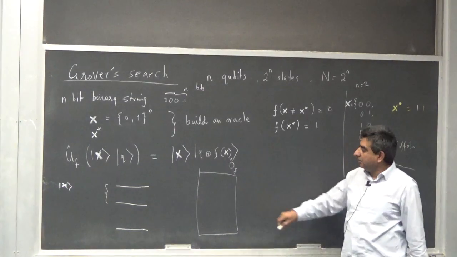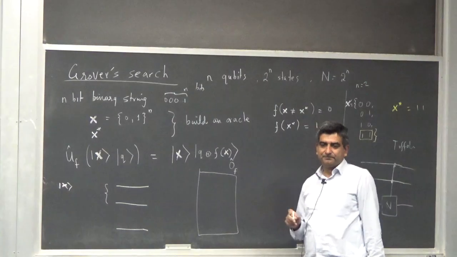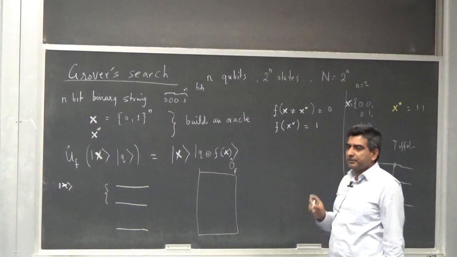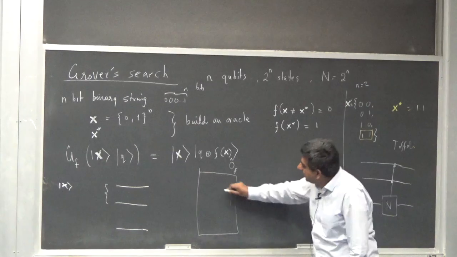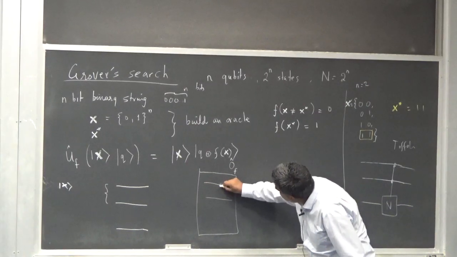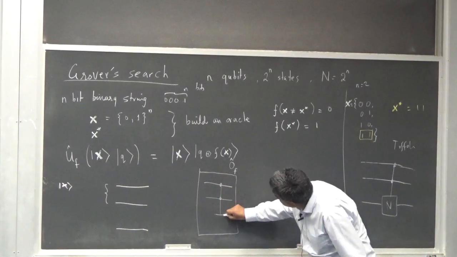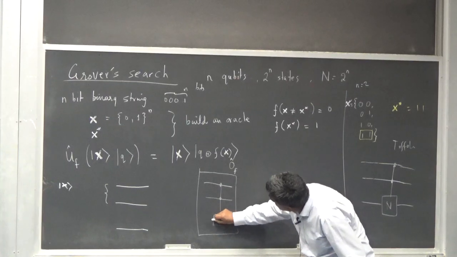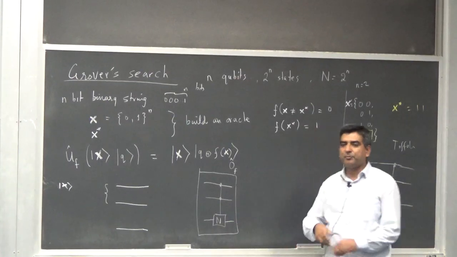This quantum oracle is taking 3 inputs, and it's really a Toffoli gate. So now I have one specific example of how to build an oracle.